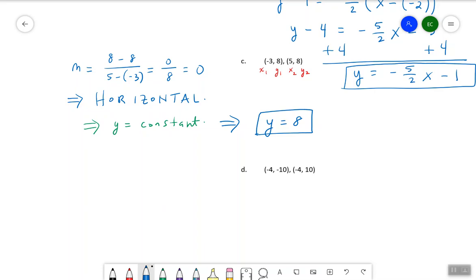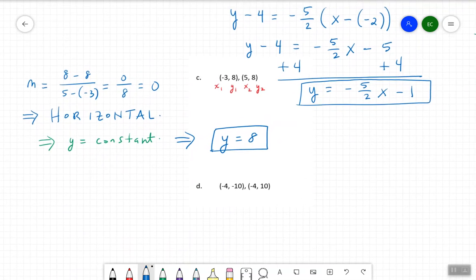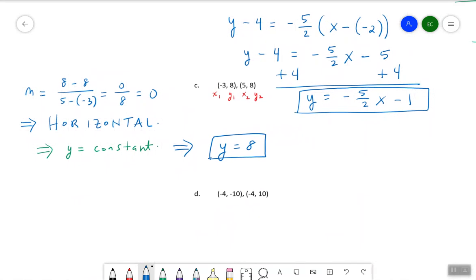If we didn't see that, or if you would just like to try to work the problem the way we worked the previous one, in the previous problem, we actually took the slope and the point and plugged into point slope form. y minus y1 equals m times x minus x1. And so that would work too.